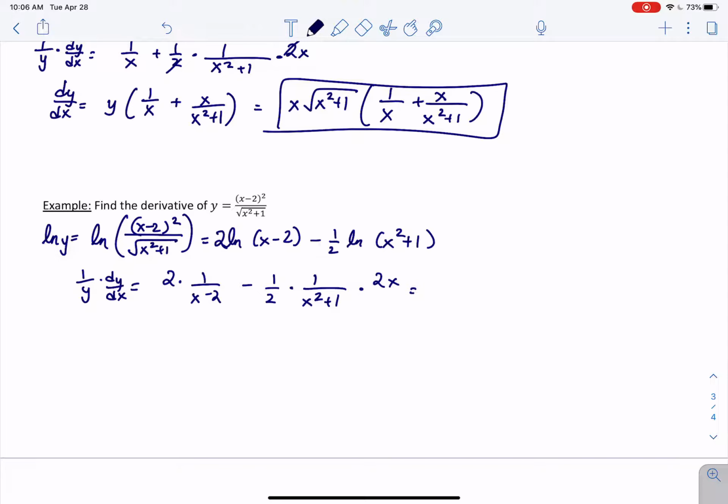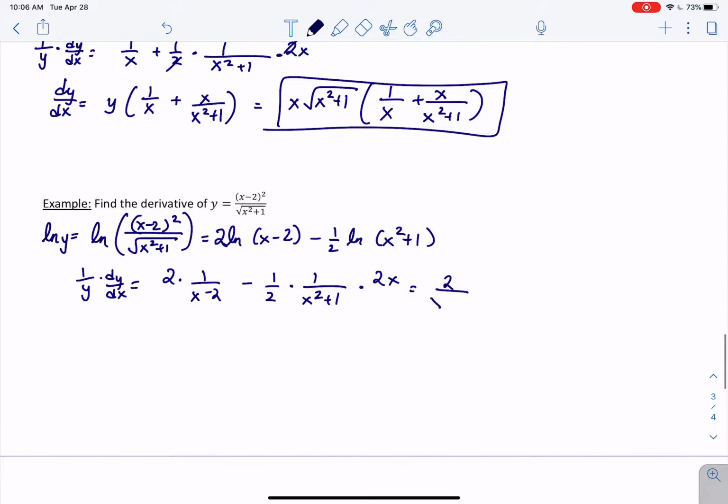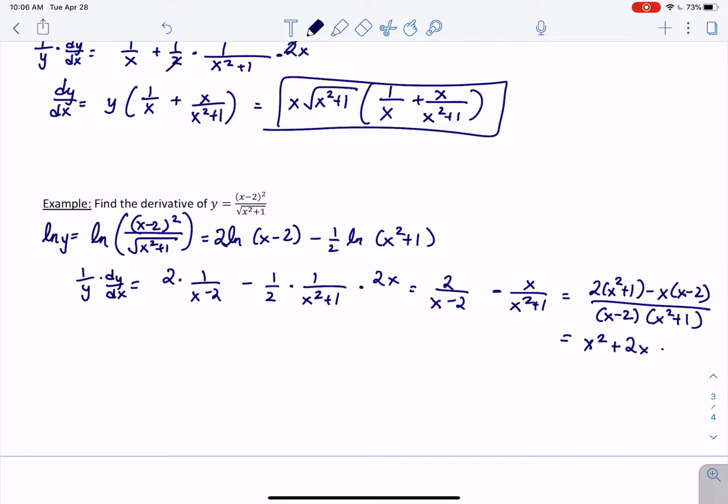Let's do an example of that. So we'll do 2 over x minus 2 minus x over x squared plus 1. So then this is going to be 2 times (x squared plus 1) minus x times (x minus 2), over (x minus 2) times (x squared plus 1), which is 2x squared minus x squared, which is x squared plus 2x plus 2, divided by (x minus 2) times (x squared plus 1).